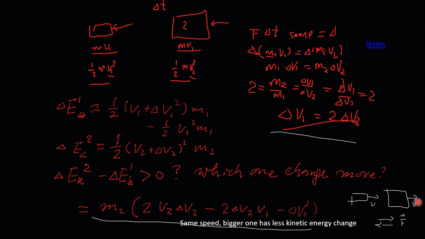The bigger one will change less. So at the same speed, the bigger one has less kinetic energy change. That is the thing to take home.